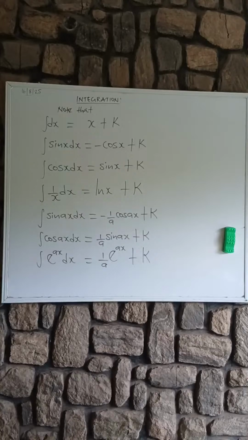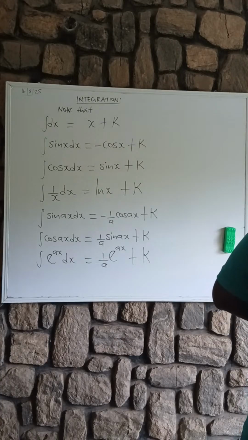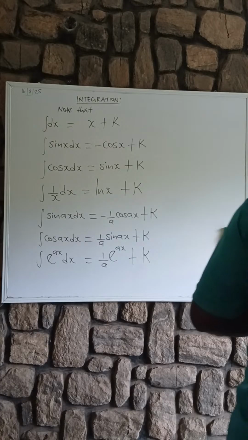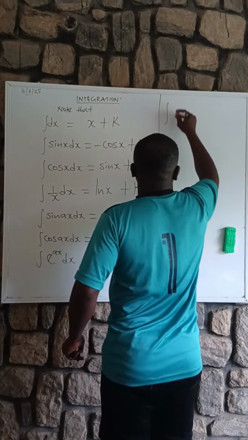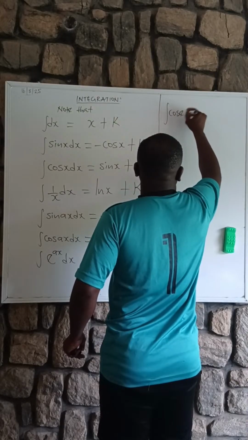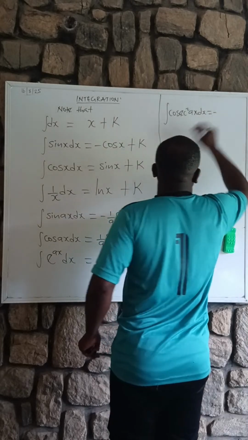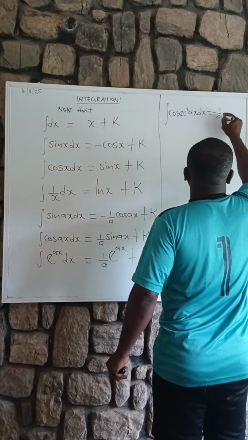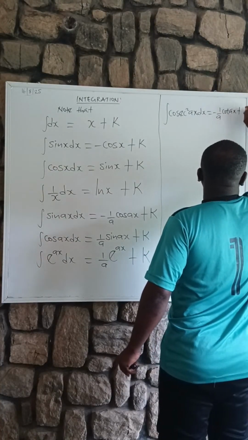Okay. So far so good. So take note. If you are to integrate cosec square ax dx, you are supposed to have minus 1 all over a cot ax plus any constant.